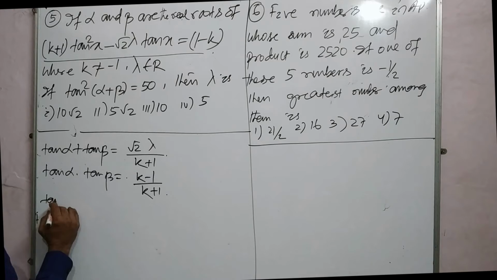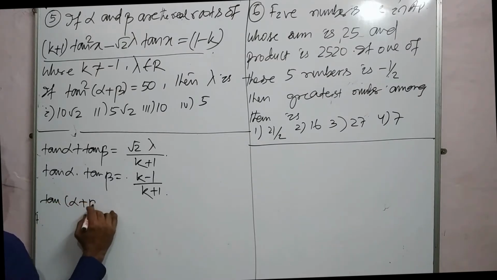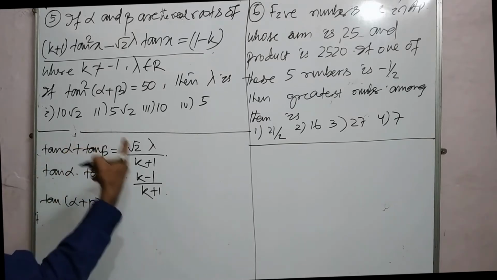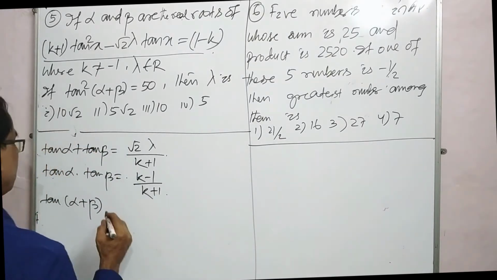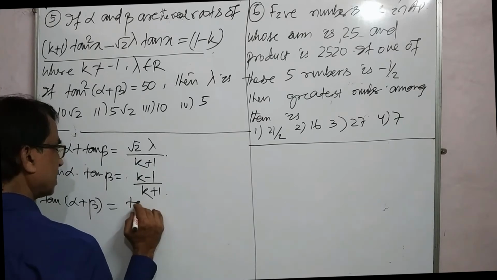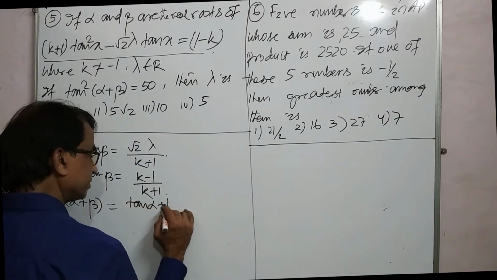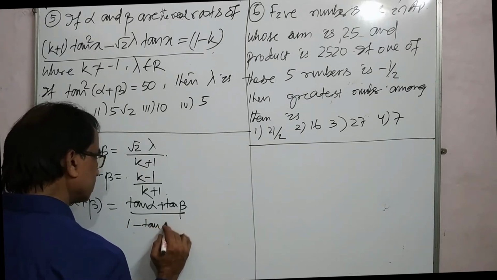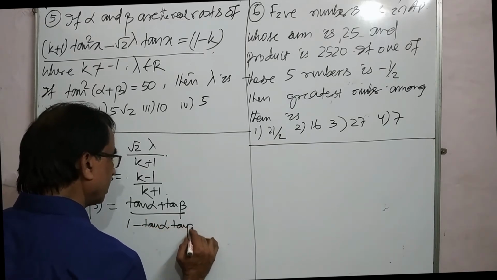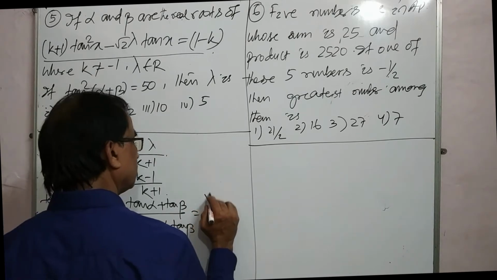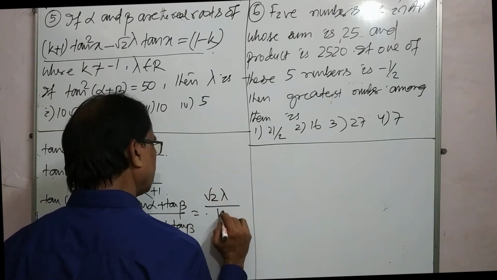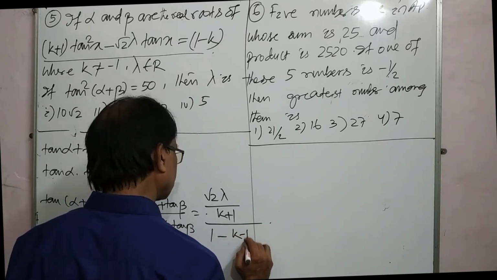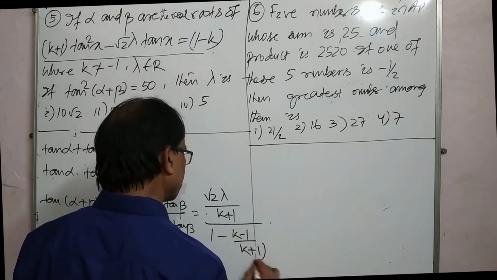Now what is tan of alpha plus beta? Because in the question it is tan square of alpha plus beta, that comes from tan of alpha plus beta. Now tan of alpha plus beta is equal to tan alpha plus tan beta by 1 minus tan alpha into tan beta, that is root 2 lambda by k plus 1, whole divided by 1 minus k minus 1 by k plus 1.